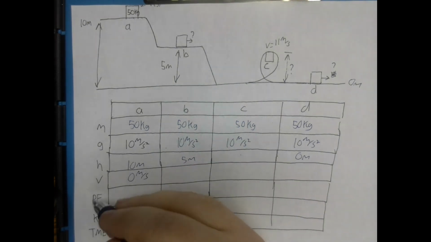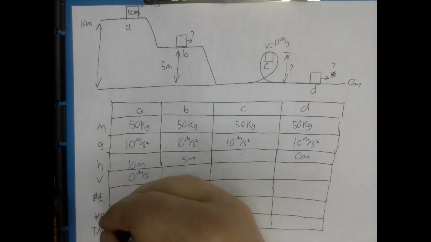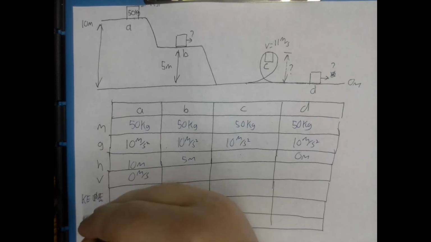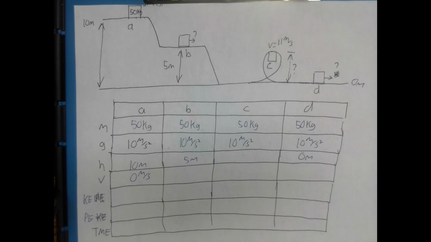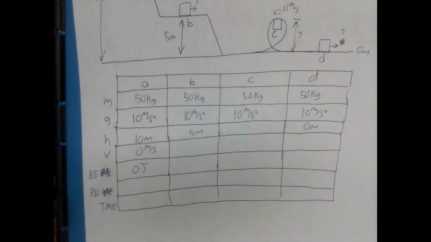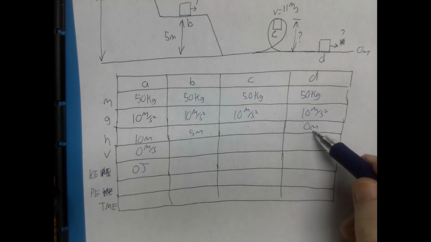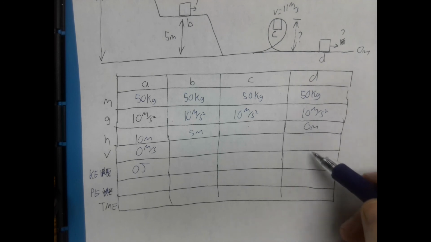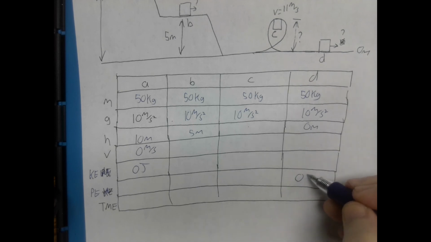I usually write kinetic energy first. So kinetic energy is 0 joules. We can also come over here to this 0. 0 meters refers to a potential energy of 0.